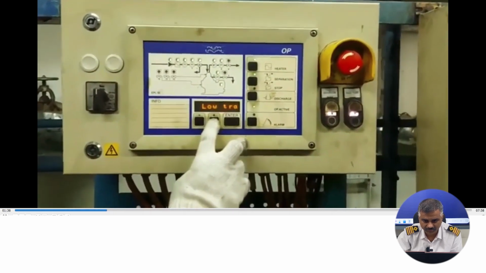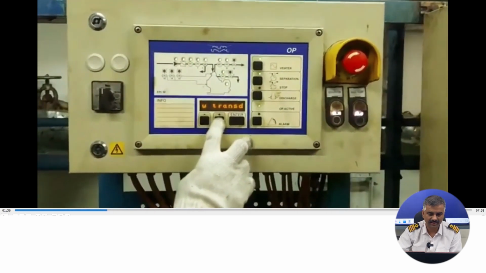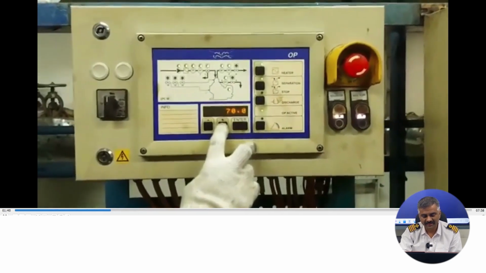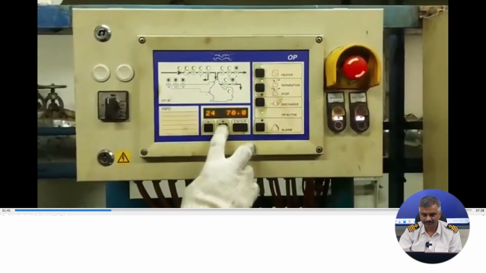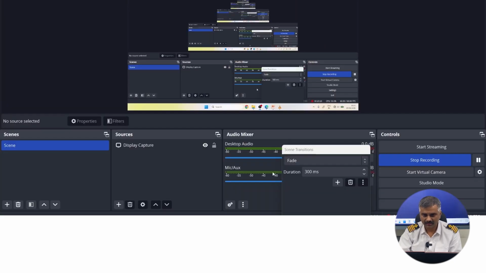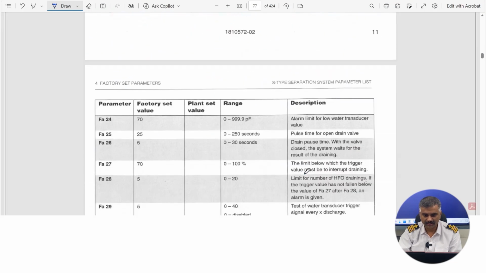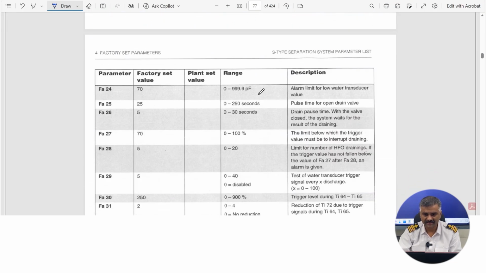Low transducer limit FA24 is 70 picofarad. Here also the low transducer limit is 70 picofarad. This is the alarm limit for the low water transducer value.